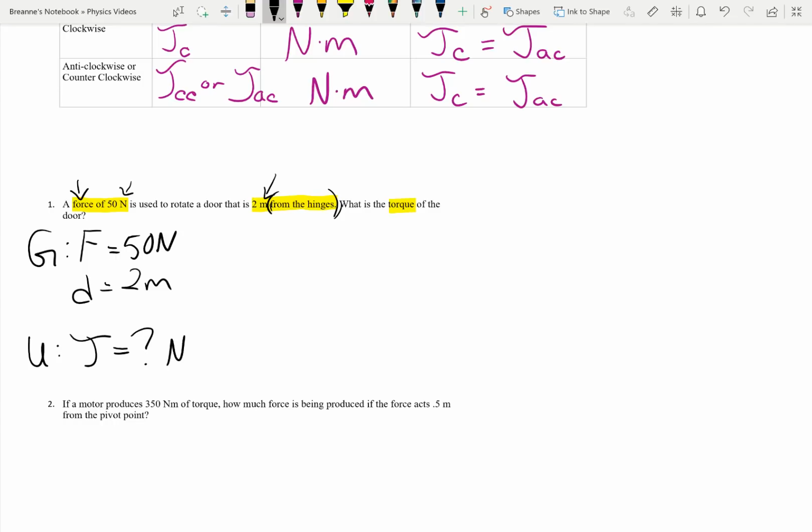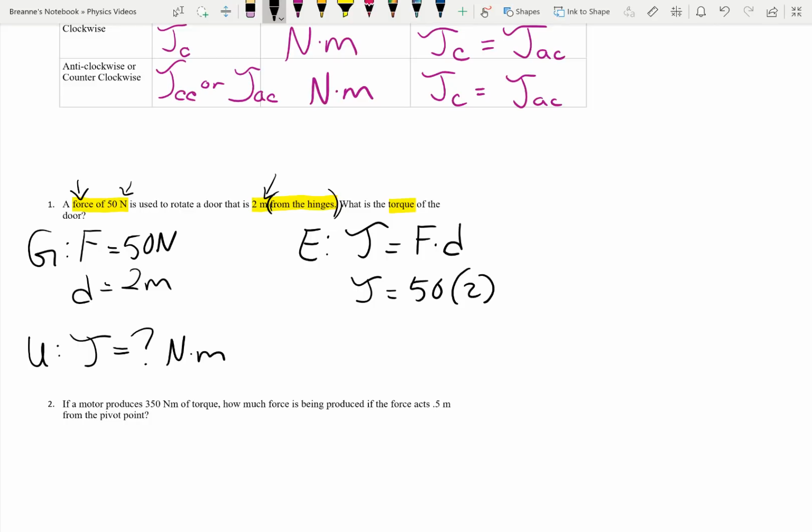That's what you're looking for, and that's newton meters. So your equation is going to be torque equals force times distance. That equation will be given to you with the question. You would just have to know that 50 newtons is your force, 2 meters is your distance, and you're looking for your torque.